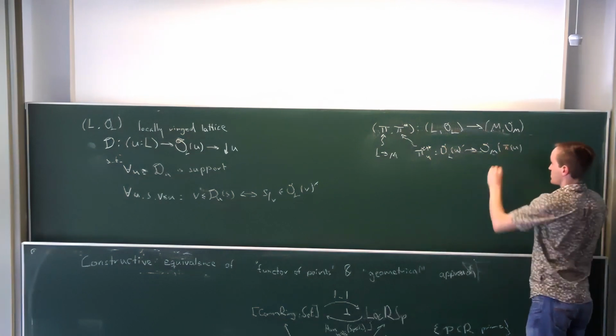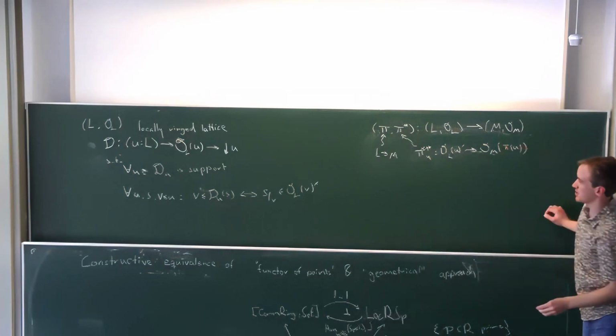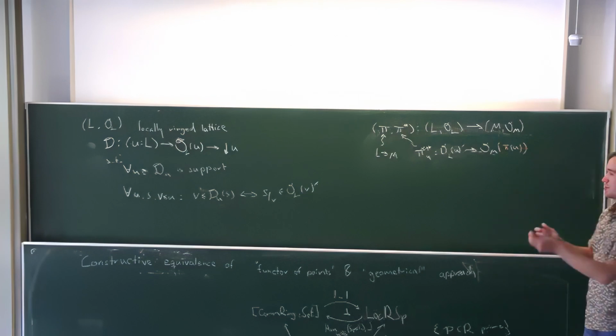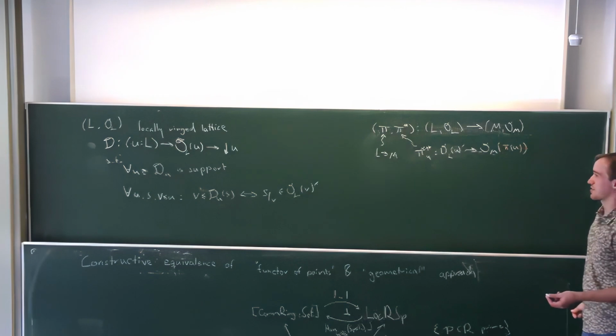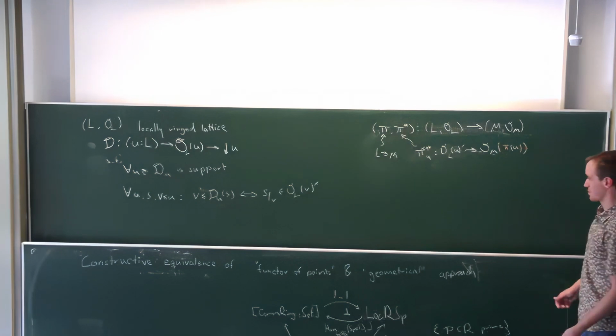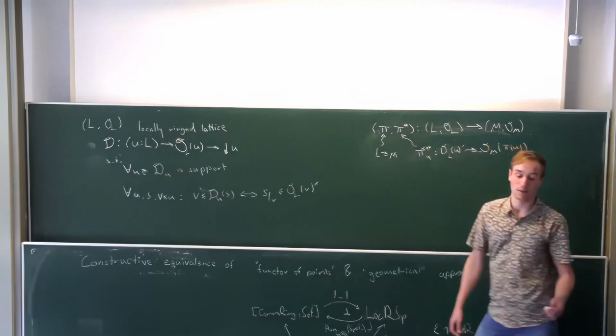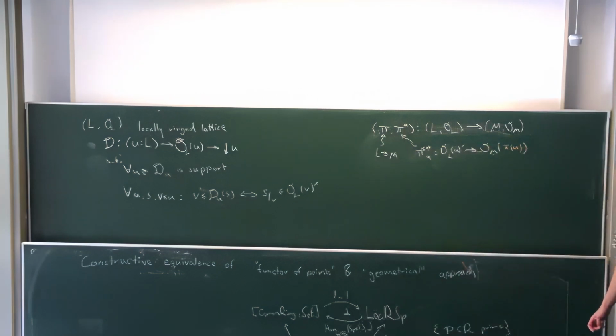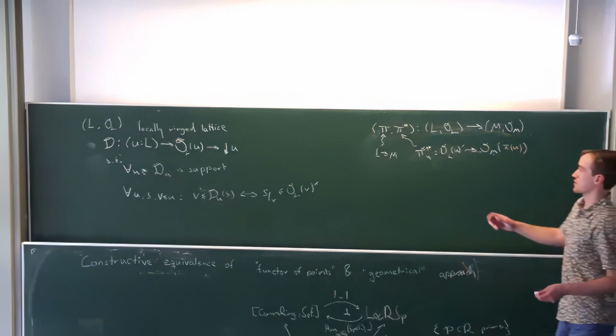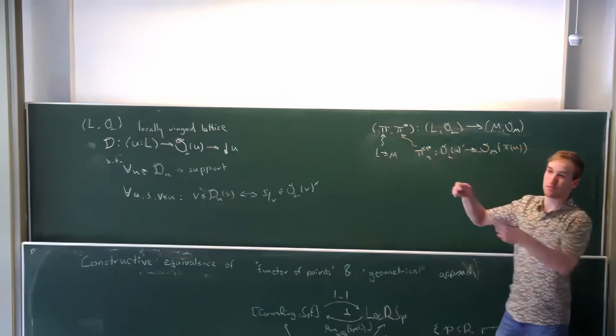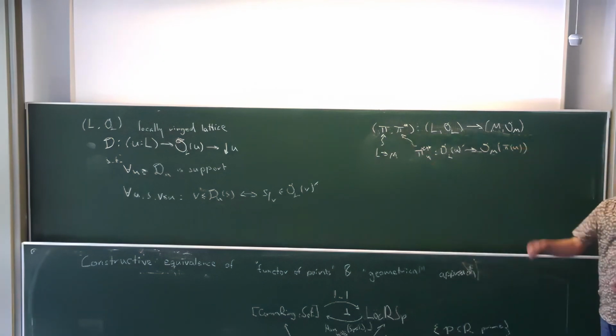So we end up in the situation where things are opposite compared to working with spaces, because we think of the lattice elements as the compact opens of our space. So this pi will actually be like taking the pre-image of a continuous quasi-compact map.